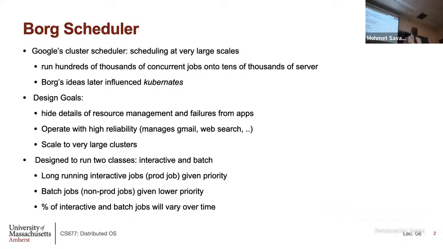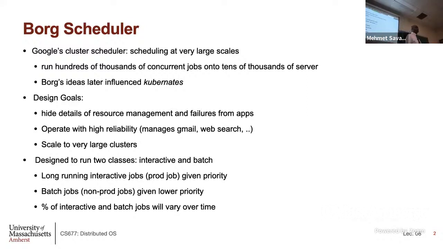But by and large, the idea is to run two types of workloads: interactive workloads and batch workloads. So all of the critical services that Google offers to outside users come under interactive workloads because users are interacting with them. Those are considered more critical. And in the background, Borg can also run many batch jobs.